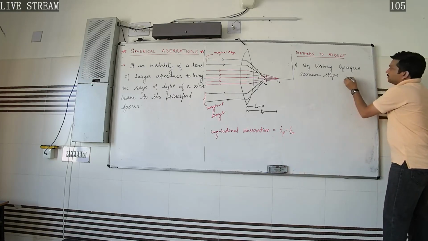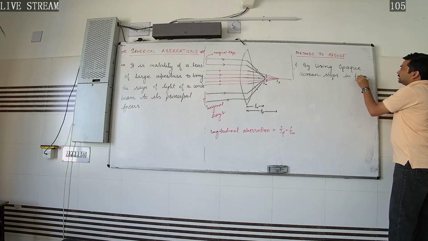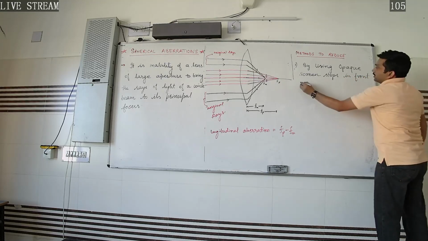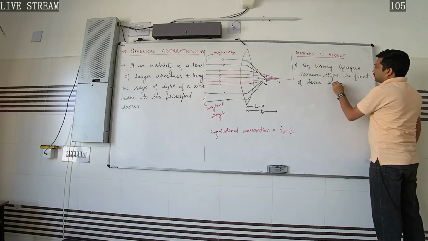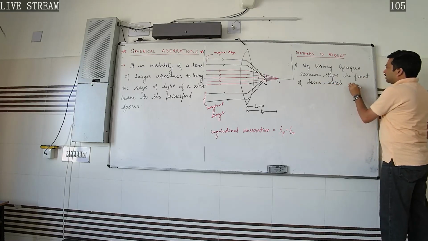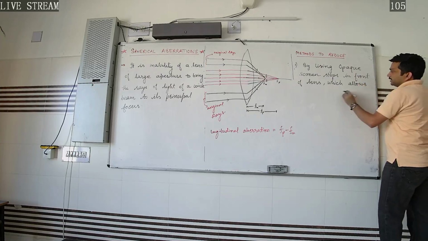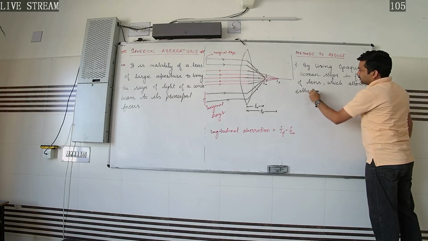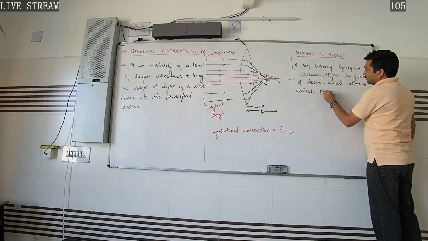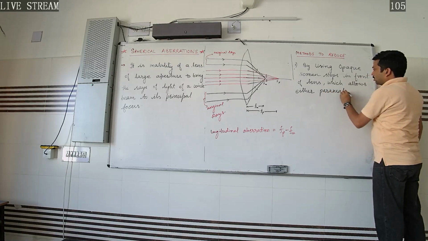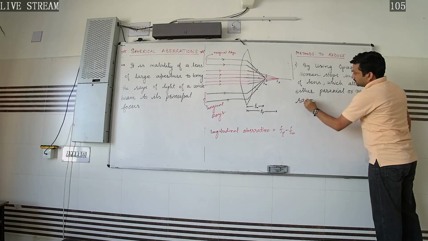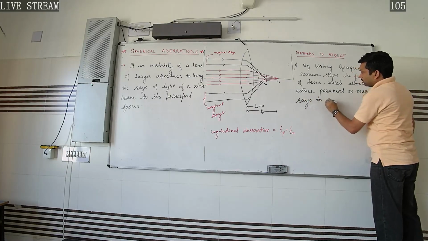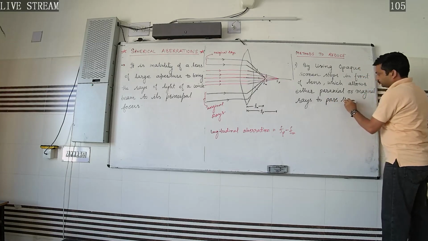Opaque screen stops, which allow either paraxial or marginal rays to pass through the lens.